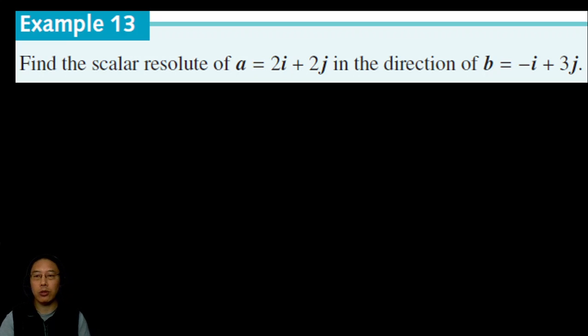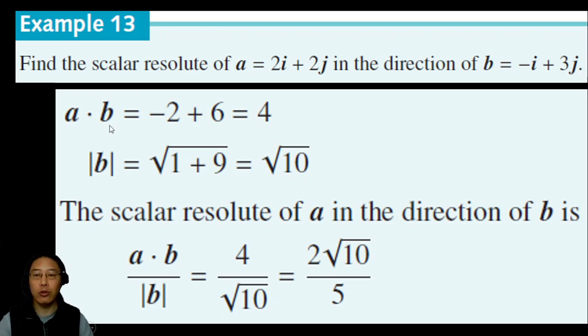Another example, so you need to find, again it's an application, the scalar resolute. Because it's scalar, it's just the coefficient that we need to find, not the vector. It's going to be parallel to B because the question mentioned it's in the direction of B. So what you do is the dot product, and you do your magnitude. This time it's not a magnitude squared, it's just the magnitude because we need to find just that amount.